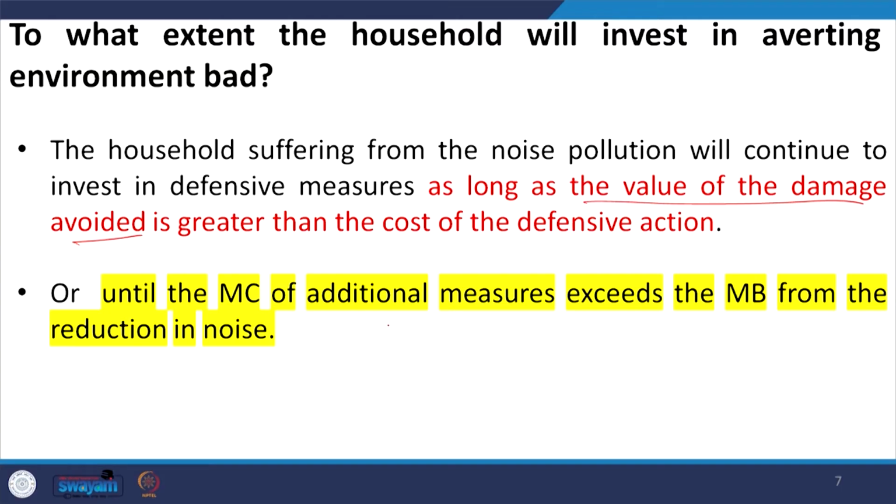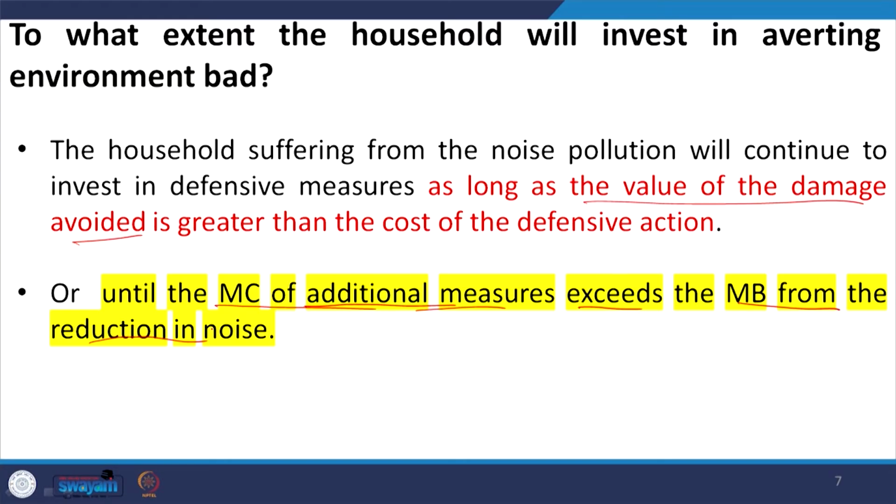Here we are talking about the marginal cost of additional measures, that is, the cost of purchasing one more piece of equipment, and if this marginal cost exceeds the marginal benefit in reducing the noise, then the consumer will be thinking whether to continue with further investment or to stop.